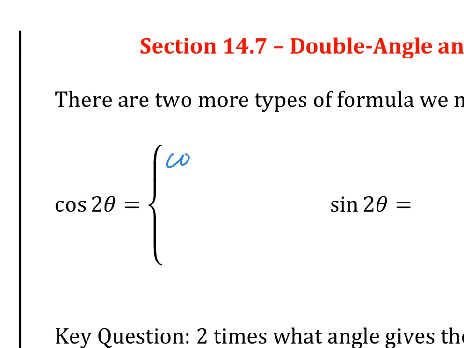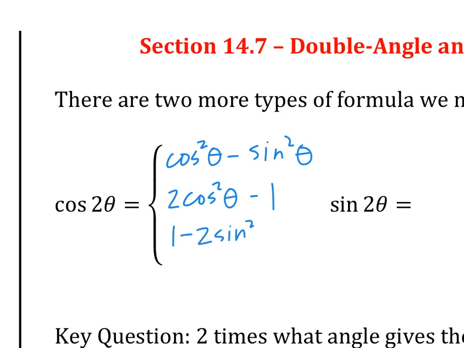The first one is cosine squared minus sine squared. The second one is 2 cosine squared minus 1. And the third one is 1 minus 2 sine squared. So you might be asking, well, which one should I use?